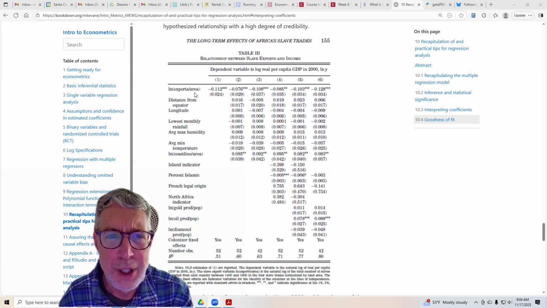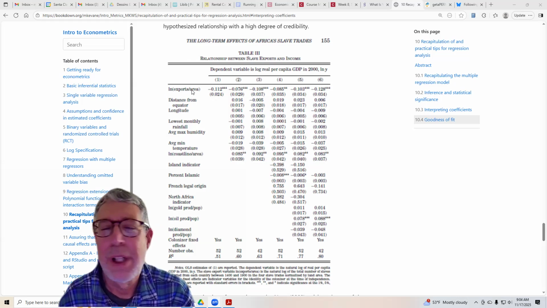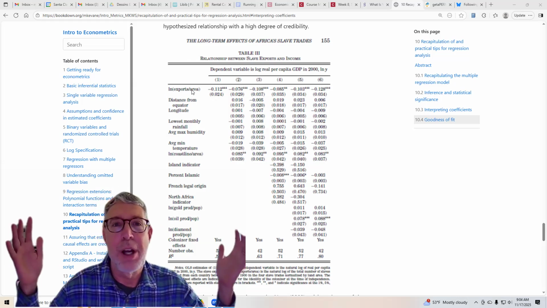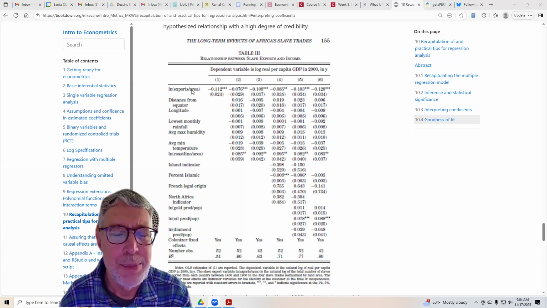So, for his first specification, the only explanatory variable is the log of slave exports per unit area of the country. Obviously, a bigger country is going to have more slave exports than a smaller country. So we have slave exports per unit area, and it's the log.